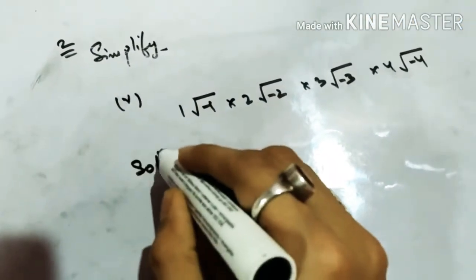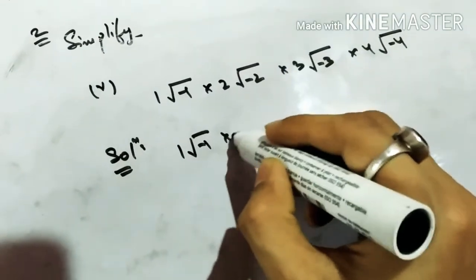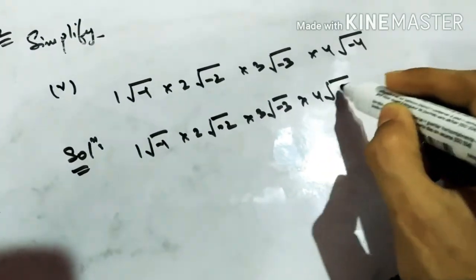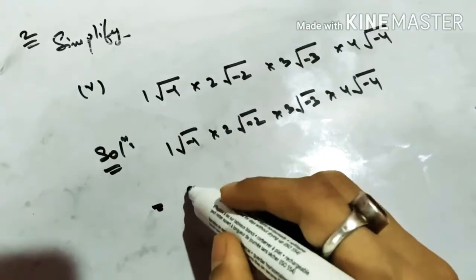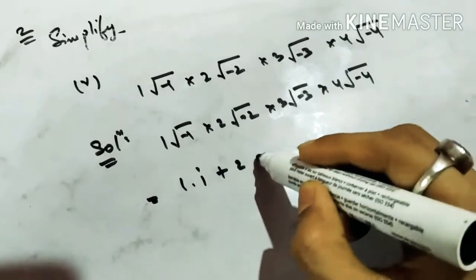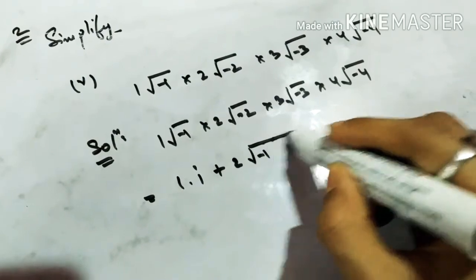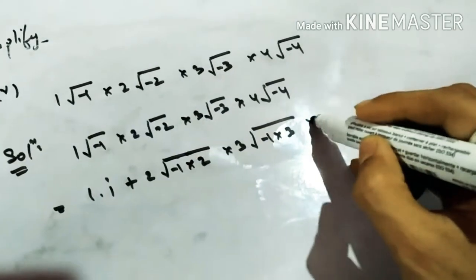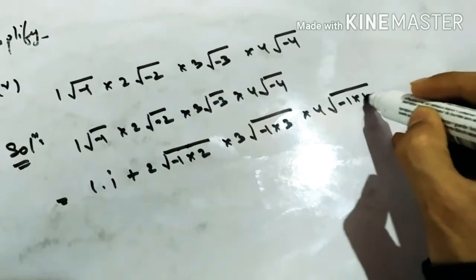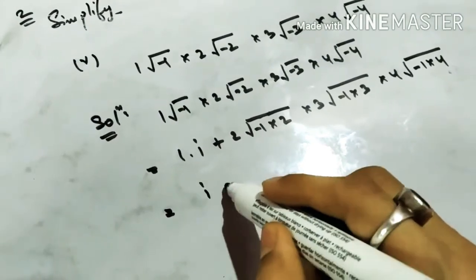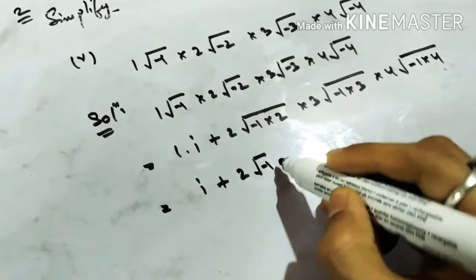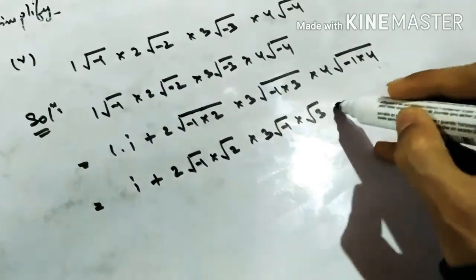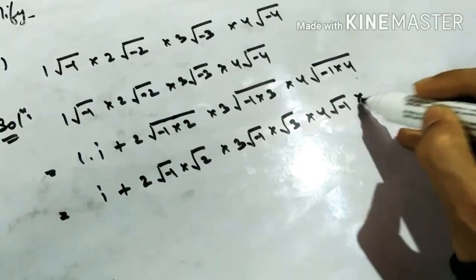So solution: 1√−1 × 2√−2 × 3√−3 × 4√−4 is equal to this will become 1 × i, 2 × √−1 × √2, 3 × √−1 × √3, 4 × √−1 × √4.